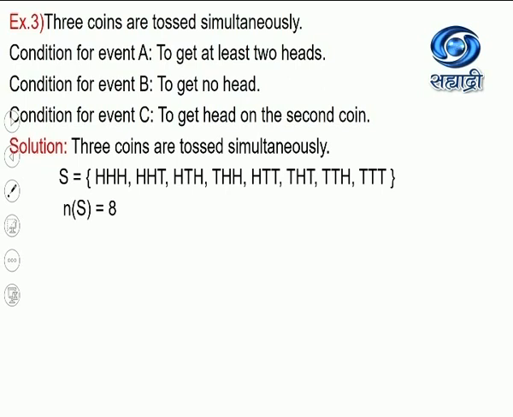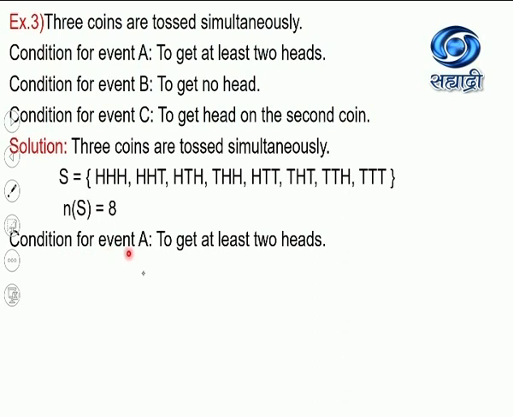Now let us write event A. The condition for event A is to get at least 2 heads. At least 2 heads means what? Minimum 2; you can take more than 2. So A is equal to, here I have taken HHH, then HHT, HTH, THH.